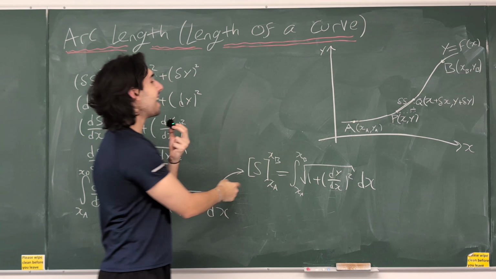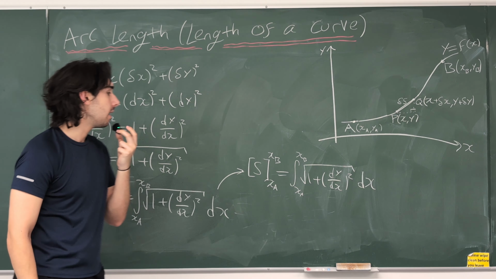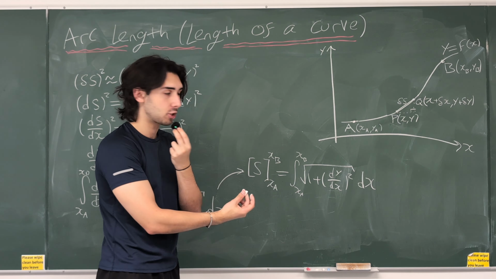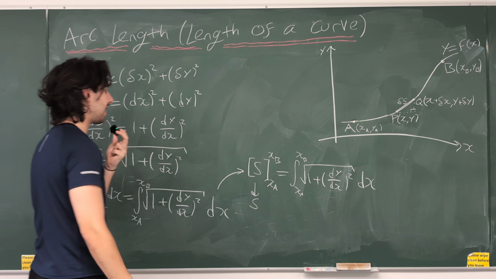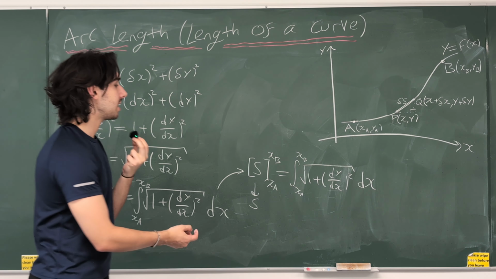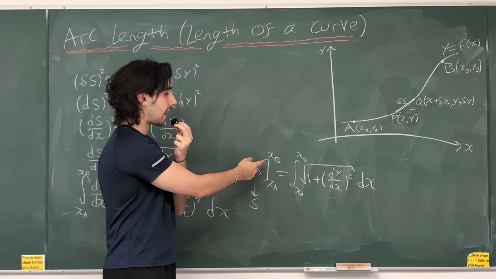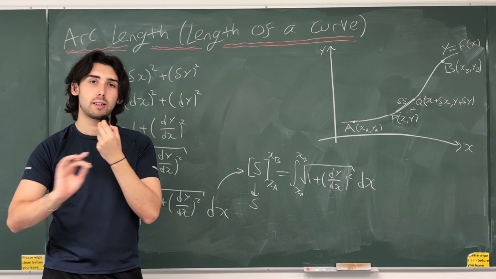Now s is a function of x, so you might say, shouldn't it be like 0 or something? S is a function of x, so it's s of xb minus s of xa, and I'm just going to call that s.